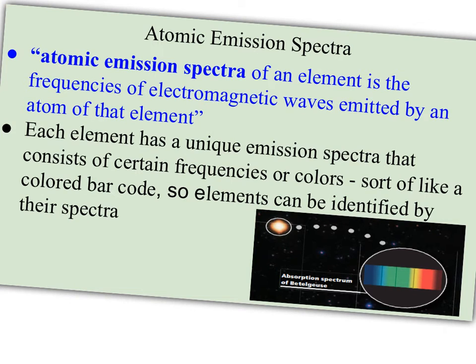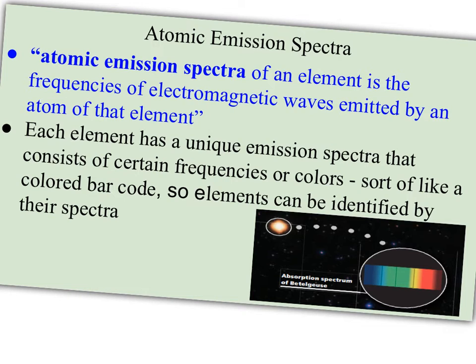So atomic emission spectra is defined as the frequencies of electromagnetic waves emitted by an atom of that element. Each element has its own set of frequencies, its own colors that it emits. It's kind of like a colored barcode, and it allows us to identify elements by this colored barcode or their spectra.